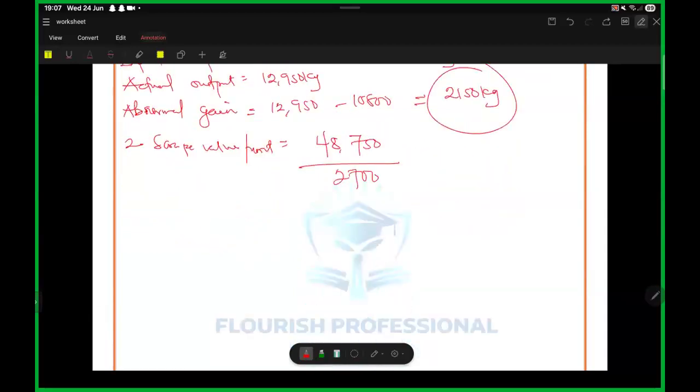So it means that all these 2,700, when we sell, we get 48,750. When you divide this by that, you are going to get 18, is it dollars or what? Ghana cedis. 18 cedis and 6, I can leave it to one decimal place. That is how each unit can be sold. Once you are done with it, we have to determine what we call the total process cost.